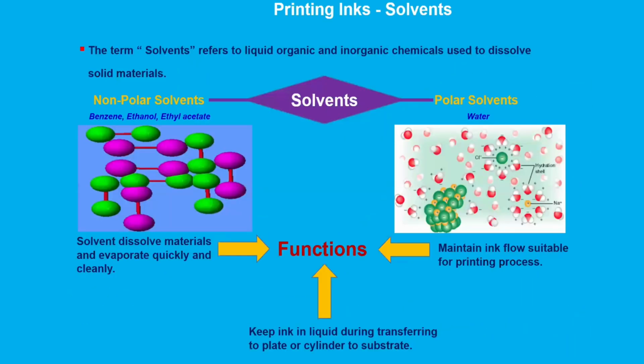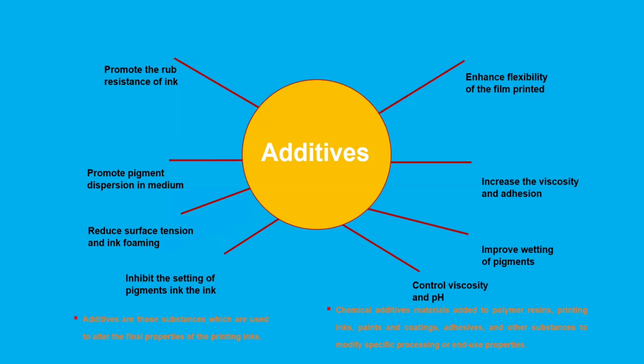And what type of additives are we using? We are using multiple additives. We are using additives to promote rub resistance. We are using them to promote pigment dispersion. Sometimes we need additives to reduce the surface tension and ink foaming.